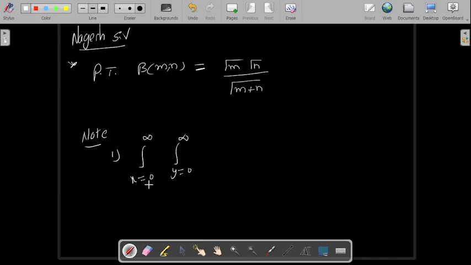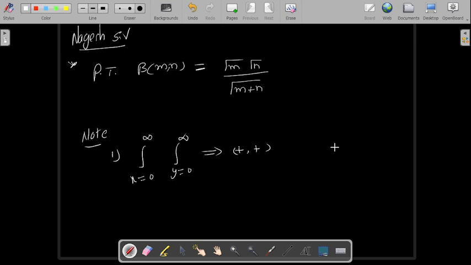That means the limits are x equal to 0 to infinity and y equal to 0 to infinity, so these are positive, plus comma plus.